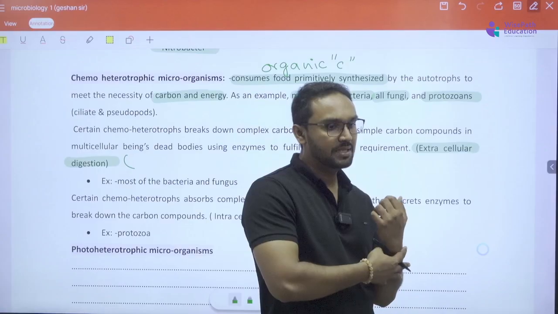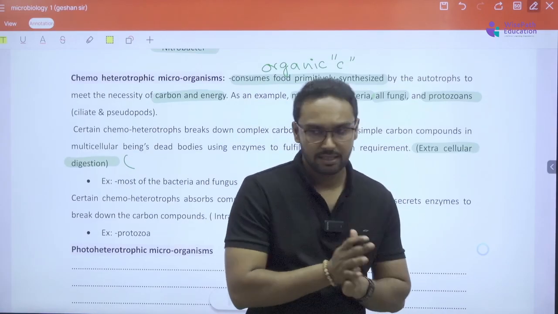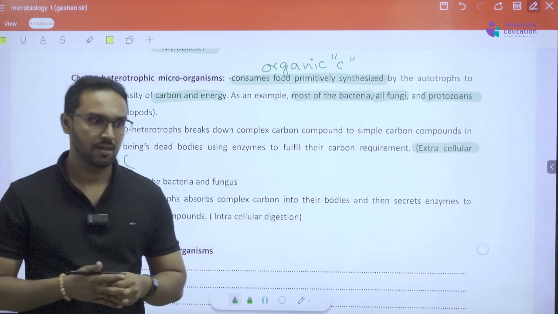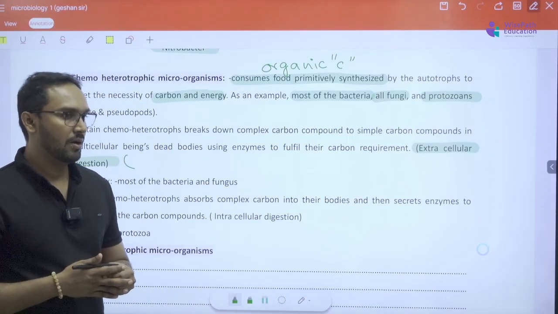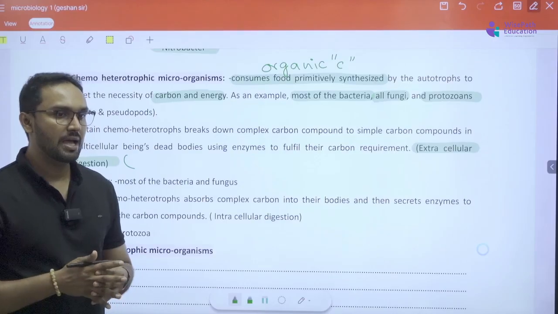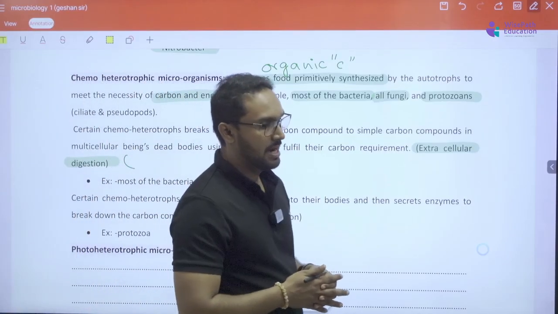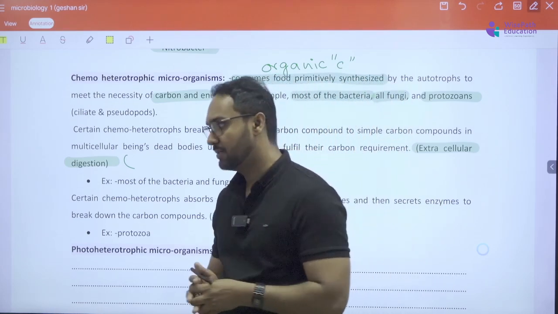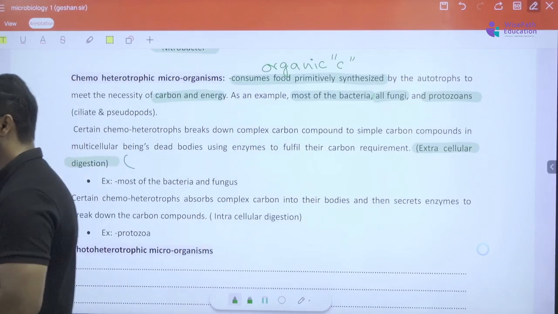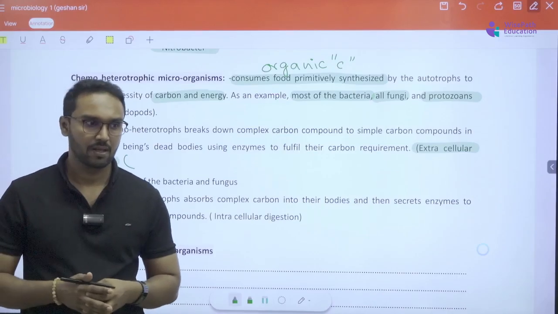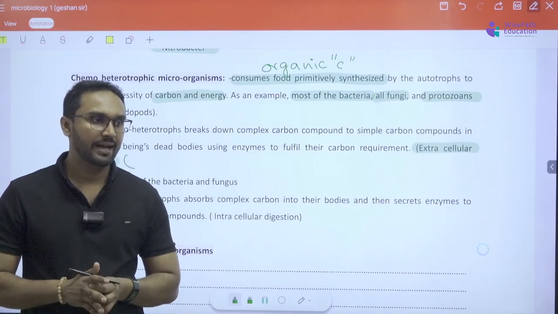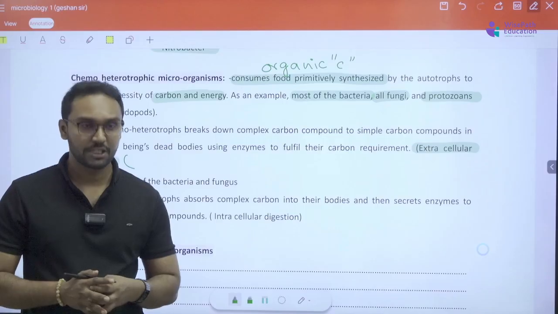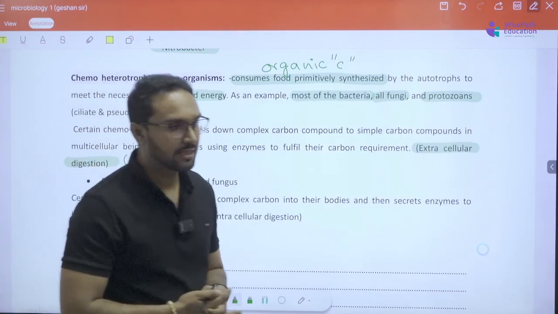They secrete enzymes out of the cells, on the dead plant and animal tissues, and digest them outside the cell.